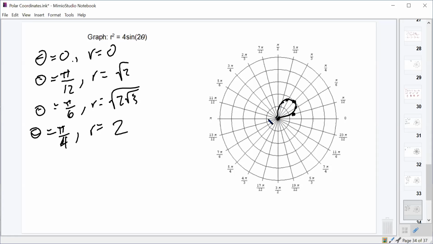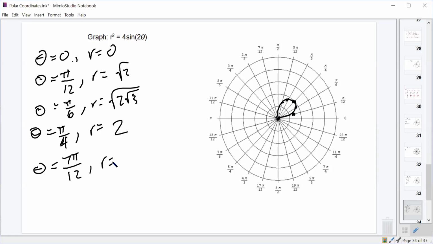Then what about when we plug in, let's say, 7 pi over 12? What happens there? R doesn't exist.